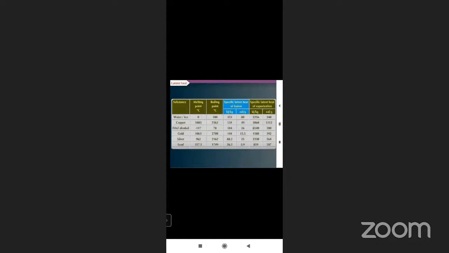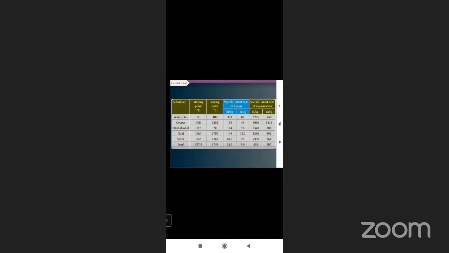Then specific latent heat of vaporization of ethyl alcohol is 8540 kilojoule per kilogram and 200 calorie per gram. So it is given both in kilojoule per kilogram and calorie per gram.